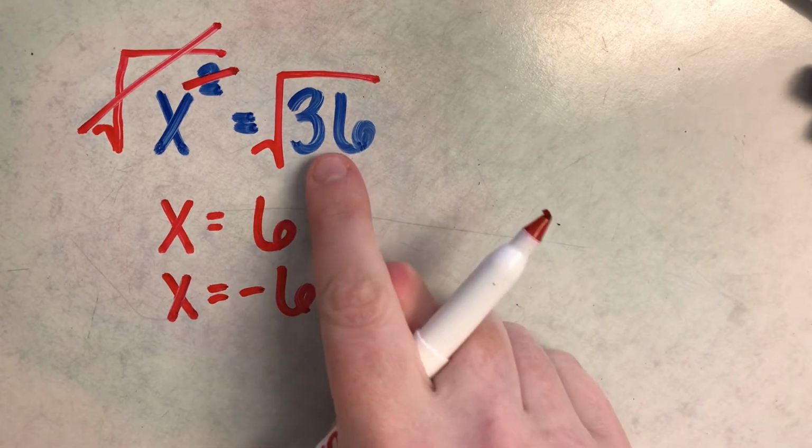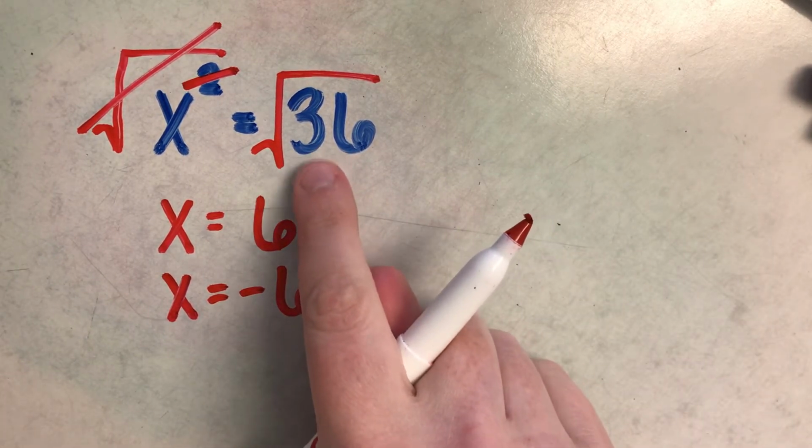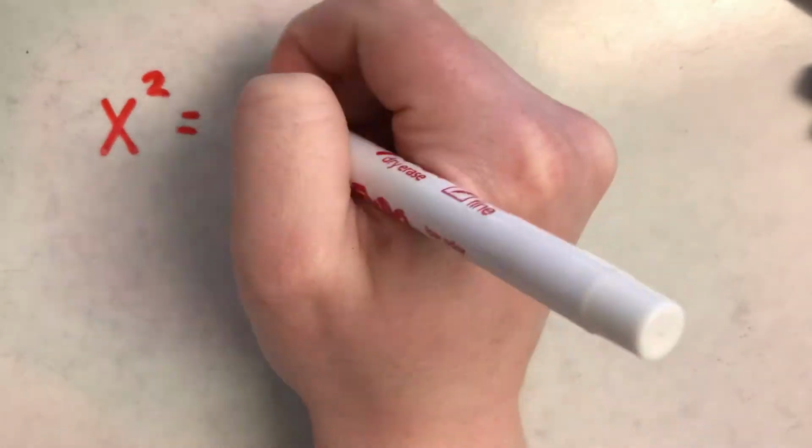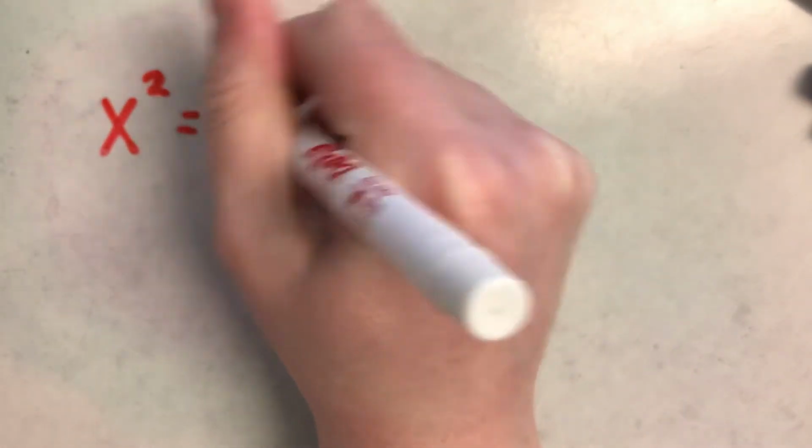Now, if you end up having one of these and it does not have one of those pretty numbers inside, something we call a perfect square, those really nice ones that give us whole numbers. Let's say I get something like x squared equals 41. That is not going to be a perfect square. It doesn't give us a whole number when we take the square root.